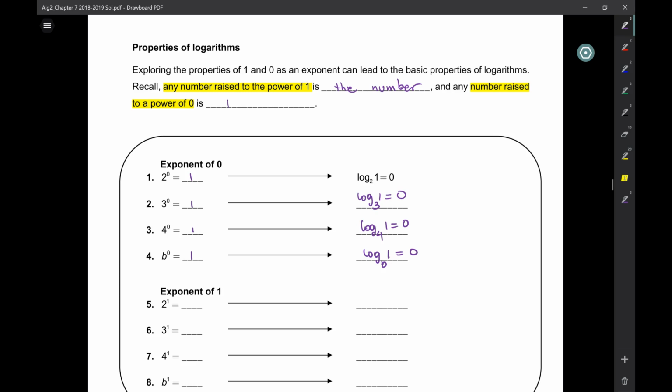That's it exactly. So if you have a logarithm, it doesn't matter what the base, if it's a logarithm of 1, it's always 0. So if you are walking down the street and somebody tapped you on the shoulder and said, hey, what's log of 1? What are you going to say? 0. You don't even think about it. All right, let's do the next one.